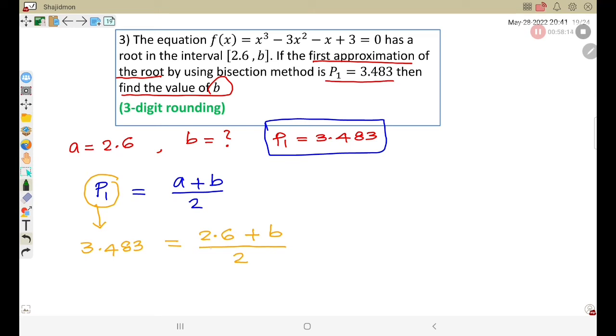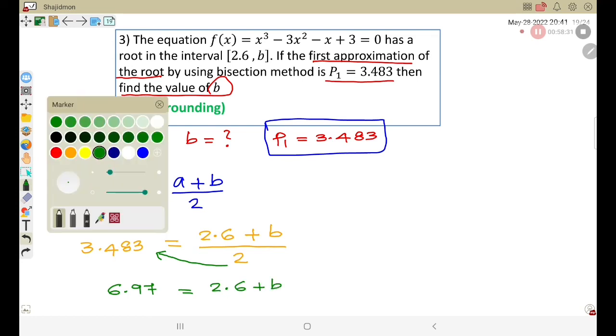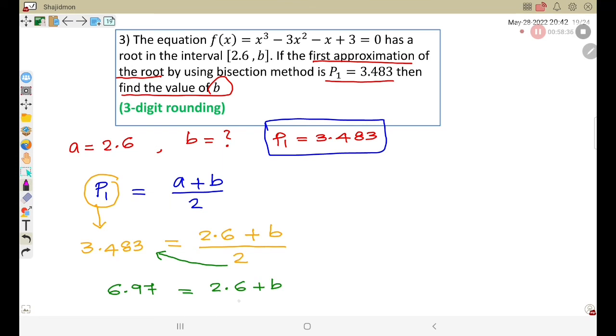Now this 2, just cross multiply to here. 2 multiplied by 3.483, you will get 6.97 with 3-digit rounding. Don't forget 3-digit rounding. So 6.97 equals 2.6 plus b. Now from this you can calculate b. It is easy: take 2.6 to the other side.